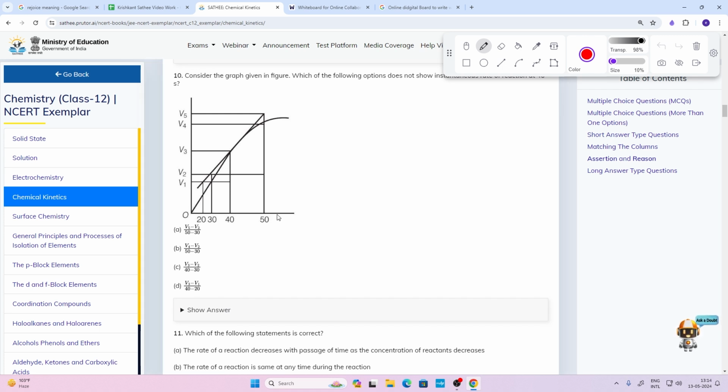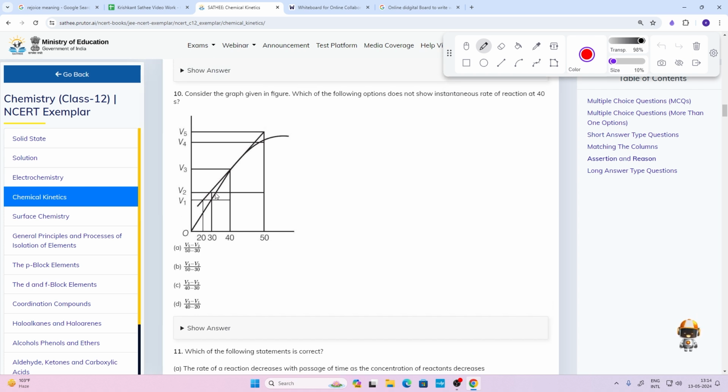So V4 minus V3 by 50 minus 40. No, this is not correct. Then what we have? V2 minus V1 by 30 minus 20.